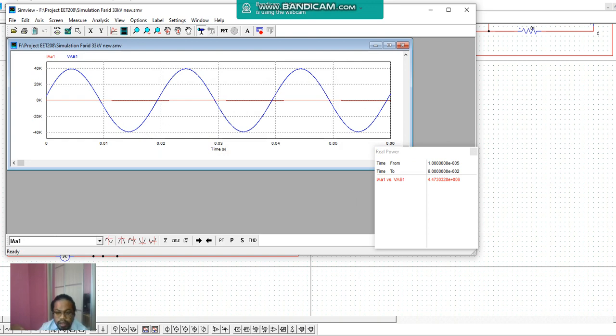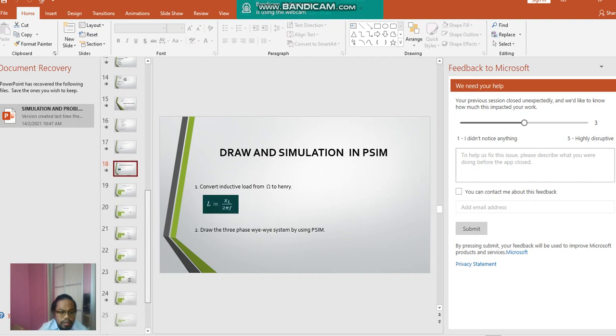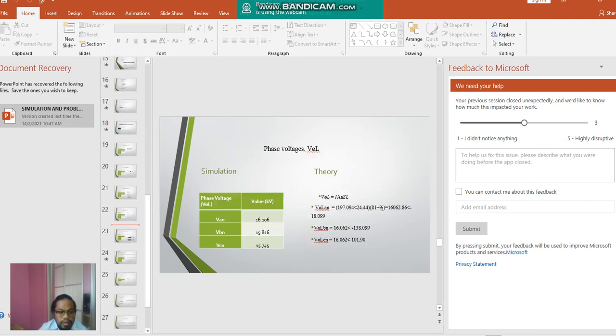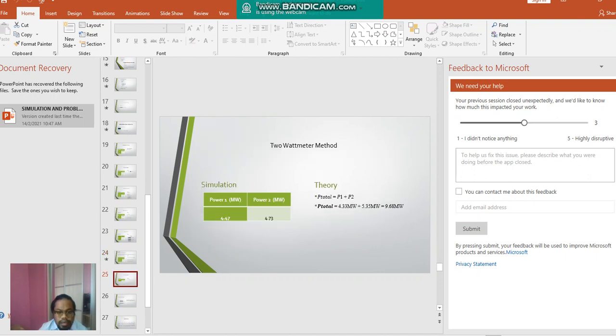So the power is 4.47. It looks like the same. Simulation 4.47.